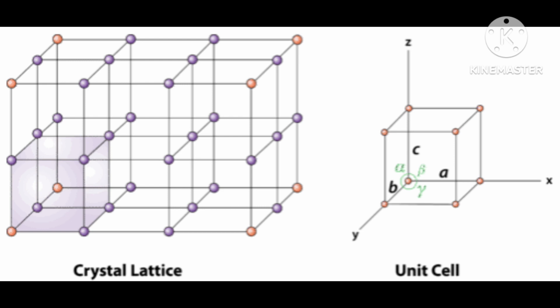Again, when a unit cell contains one or more constituent particles at positions other than corners, in addition to these at corners, it is called a centered unit cell.